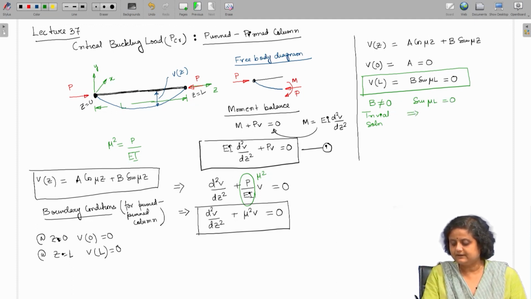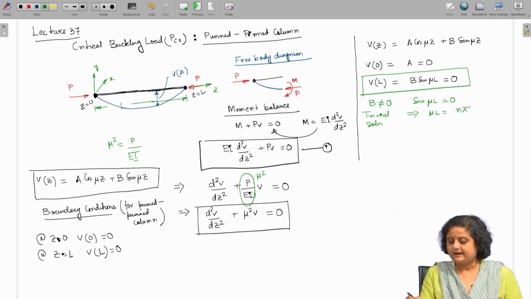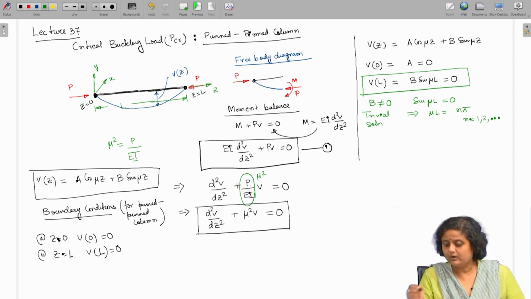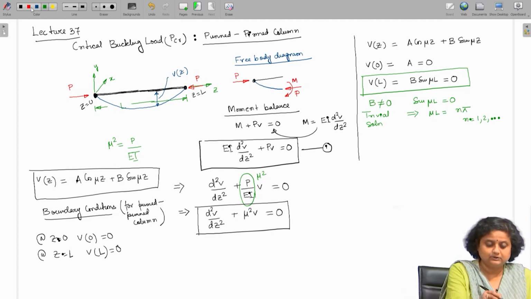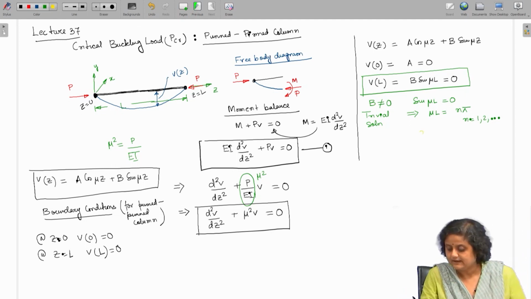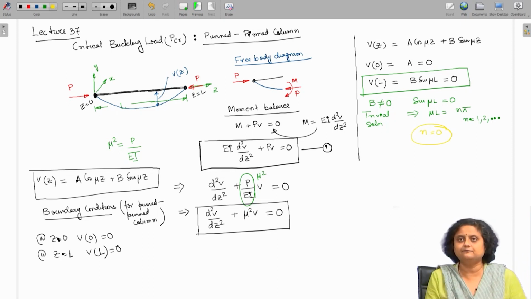To satisfy this, mu L has to be n pi, where n equals to 1, 2 and so on. Now, n equals to 0 is also not a solution, because if n equals to 0 is a solution, then again Vz becomes 0 for all conditions.